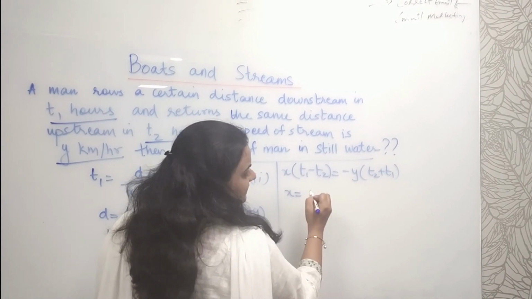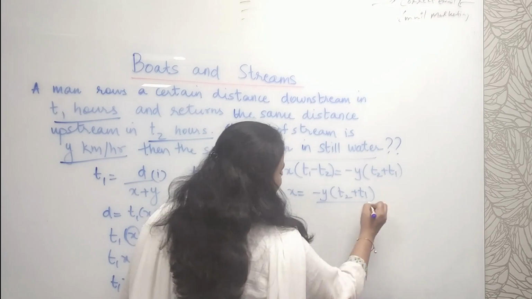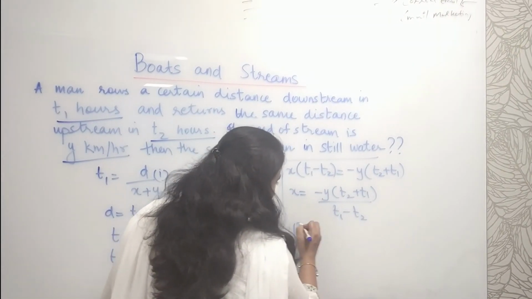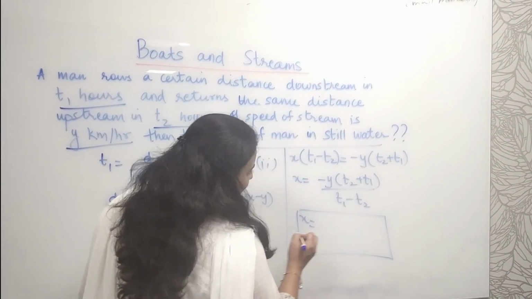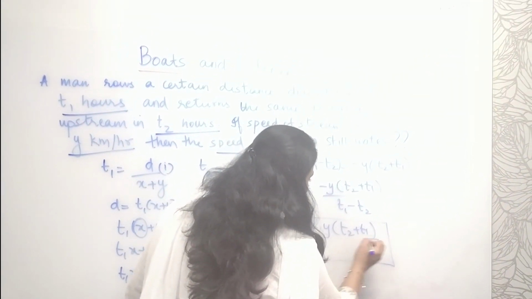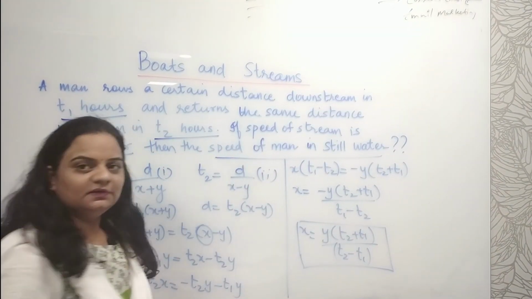That is, x is equal to minus y(t2 plus t1) upon (t1 minus t2), or this can be written in a more simple manner as x is equal to y(t2 plus t1) upon (t2 minus t1). This gives us the next formula.